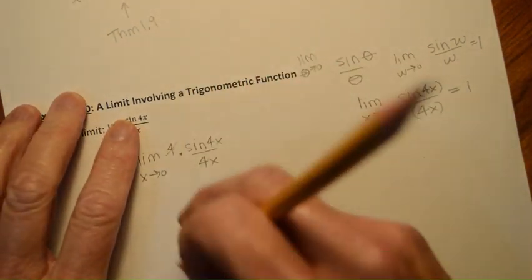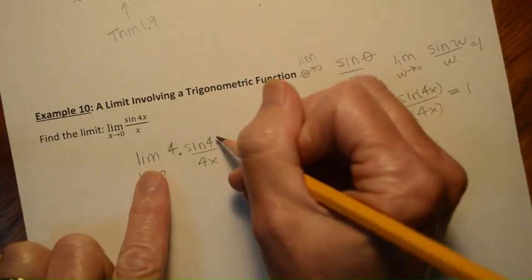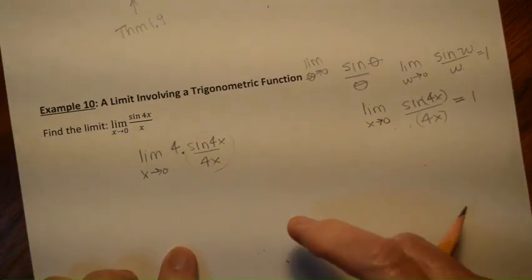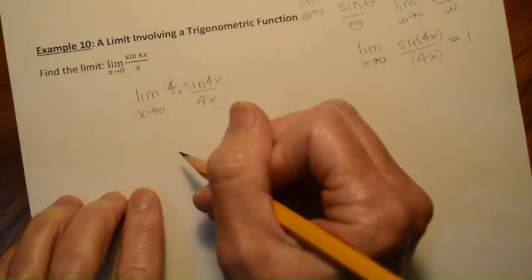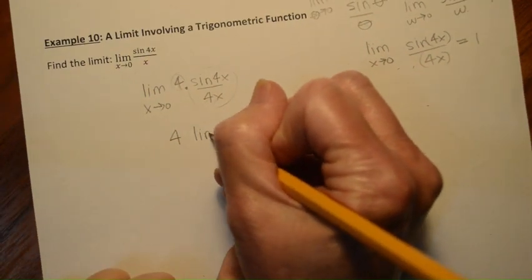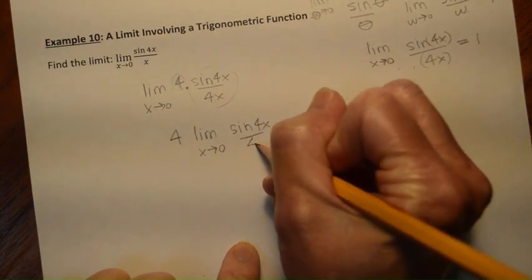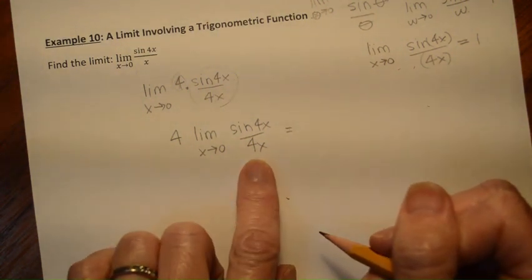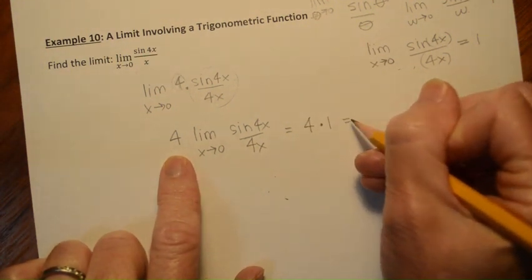What I'm doing is adding that extra very fancy 1 so that this now is in the form of this. Now this just becomes a scalar times that. So I can pull this 4 out front by our scalar rule and say that the limit of this is 4 times the limit as x approaches 0 of sine 4x over 4x. This is now 1 by theorem 1.9, and that's 4, so this becomes 4 times 1, and we get 4.